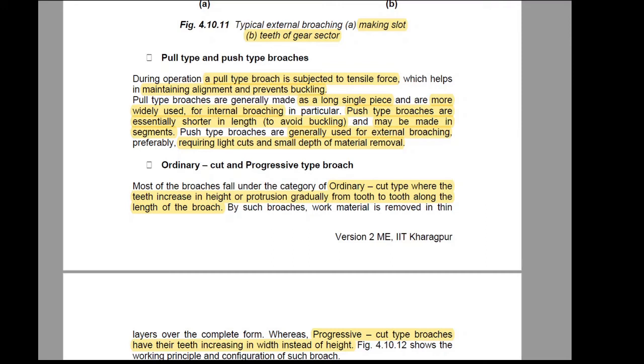Since there are chances of buckling in push type broaches, they are shorter in length and usually available in the form of small segments. Push type broaches are generally used for external broaching whenever light machining and small depth of cut is required.